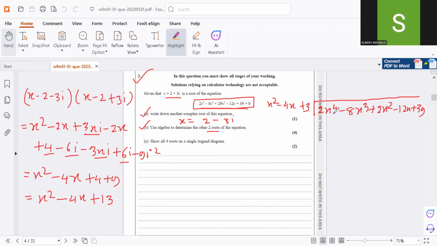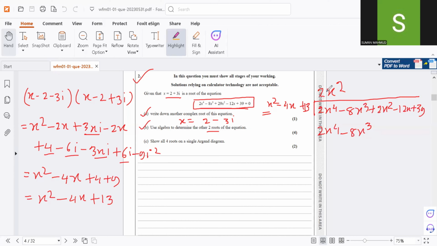So we have 2x to the power 4 and we have x squared. If we multiply by 2x squared, then we get 2x to the power 4, minus 8x cubed, and 13 multiplied by 2 is plus 26x squared.